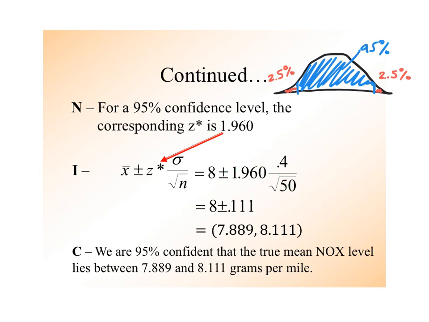We calculate it and we get 0.111. And so we're going to add and subtract to get my lower and my upper bound. And now I'm making a second conclusionary statement because I'm doing part B, right? We are 95% confident that the true mean NOx level lies between 7.889 and 8.111 grams per mile.